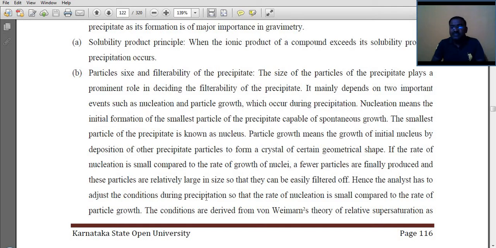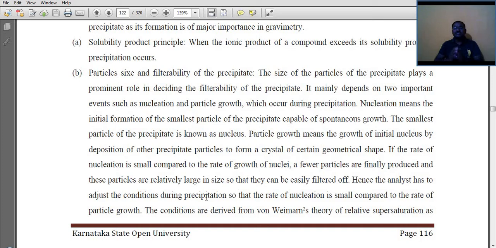The size of the particles of the precipitate plays a prominent role in deciding the filterability of the precipitate. It mainly depends on two important events, nucleation and particle growth, which occur during precipitation.